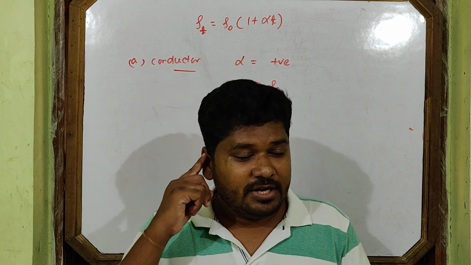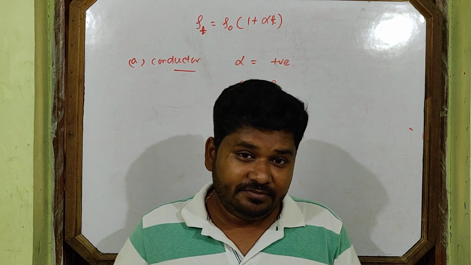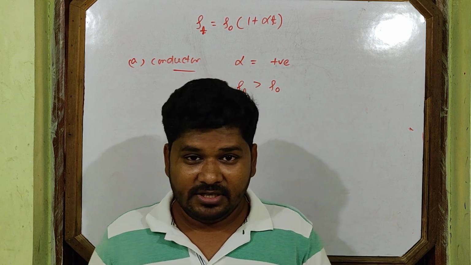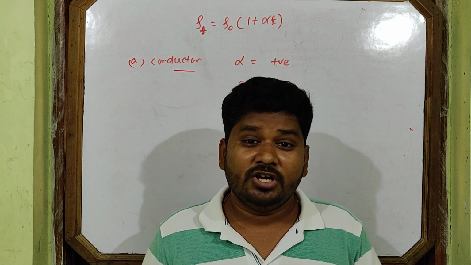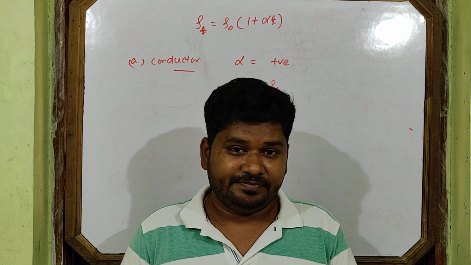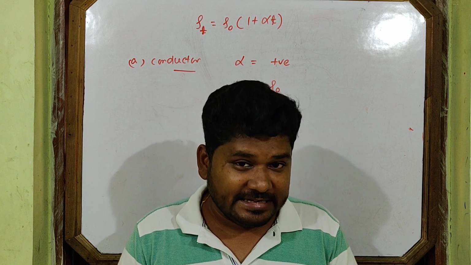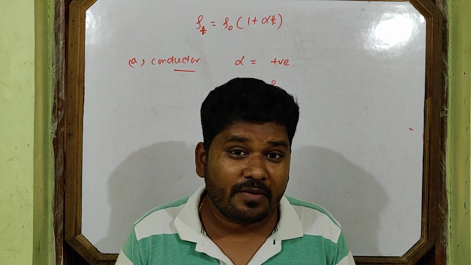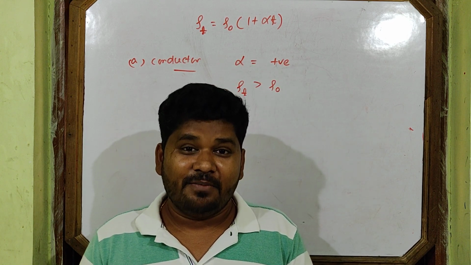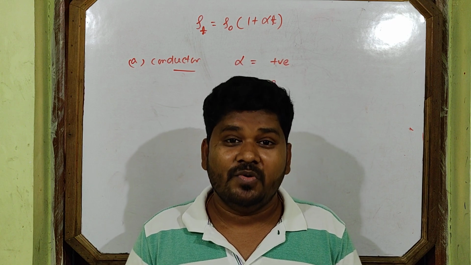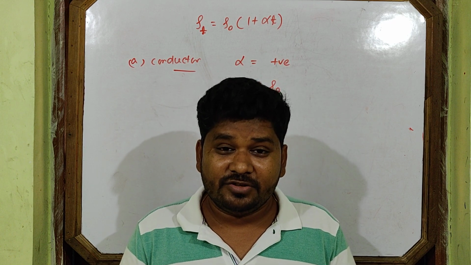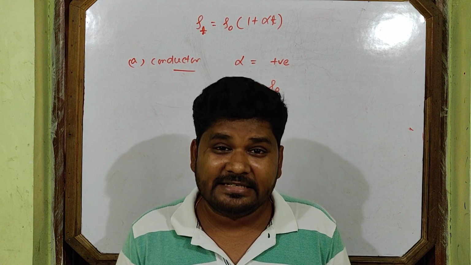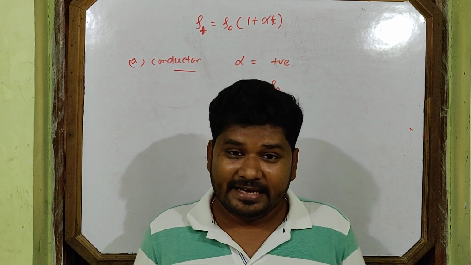When temperature increases, the kinetic energy of the electrons increases, and the velocity of the electrons increases. If velocity increases, what about the number of collisions? The number of collisions will be more. If the number of collisions is more, then what happens to the resistivity and resistance?